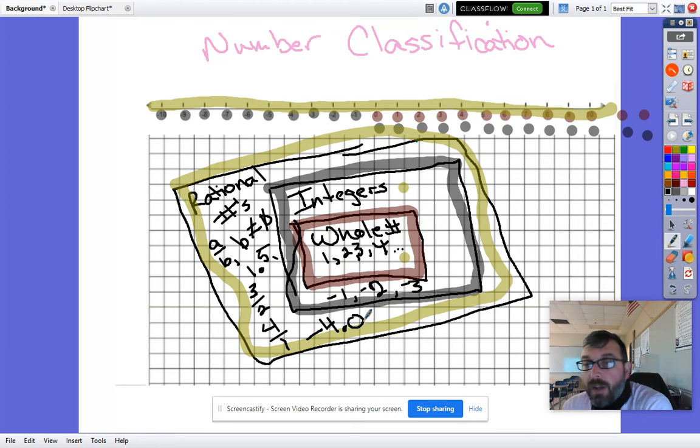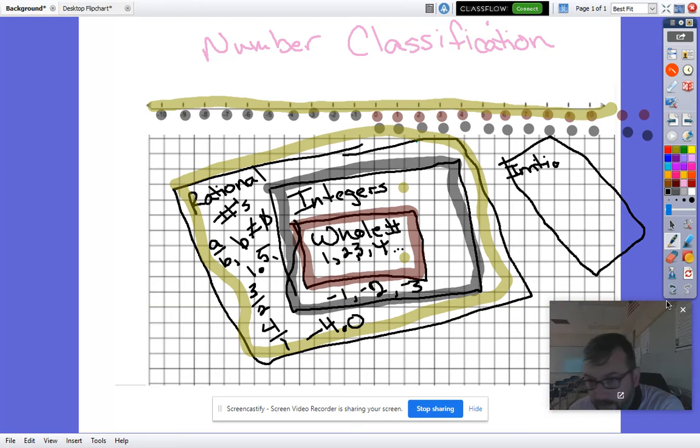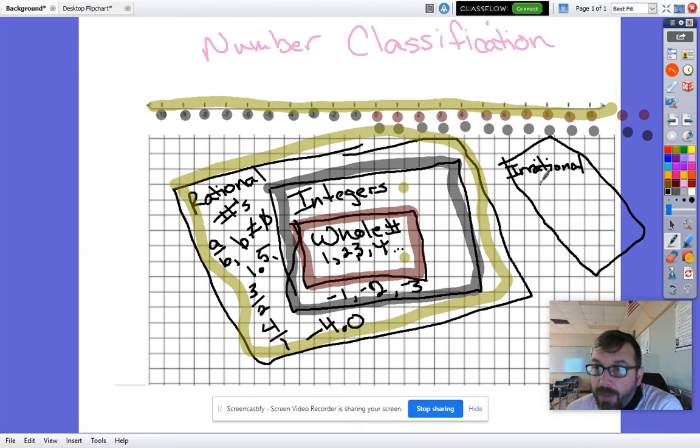Okay. And that leaves us with one other group: irrational. In some strange places on the number line, in very, very peculiar places, there are some special numbers.